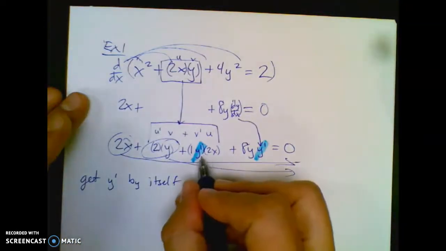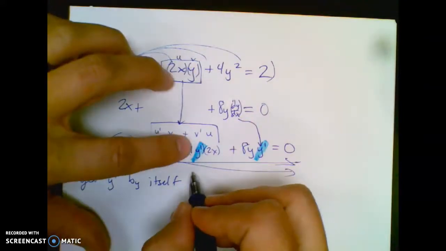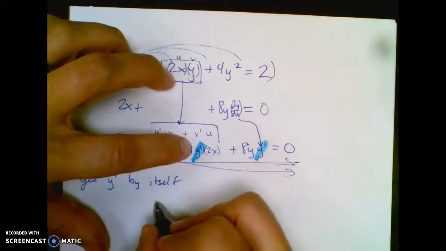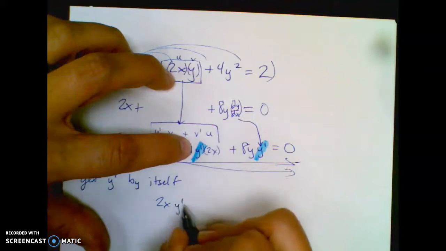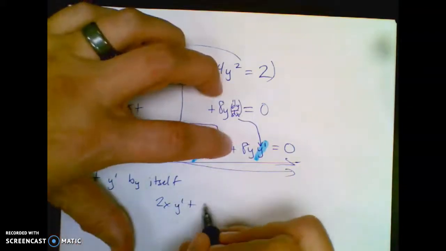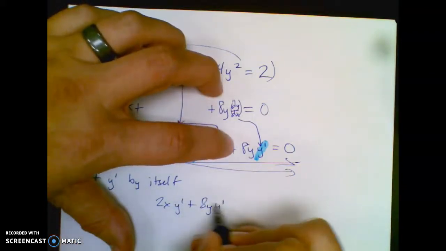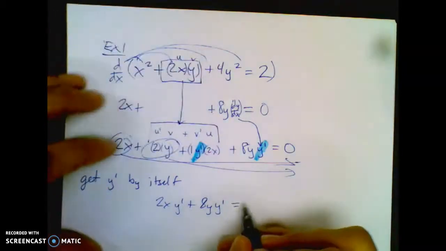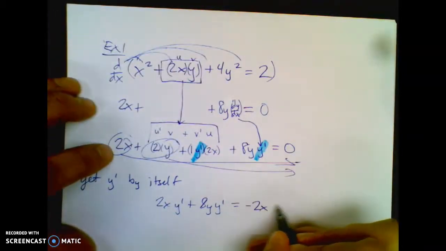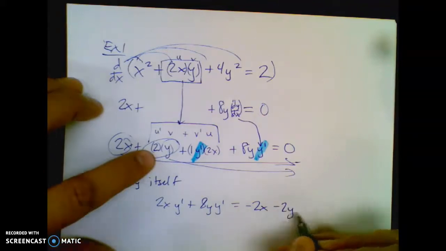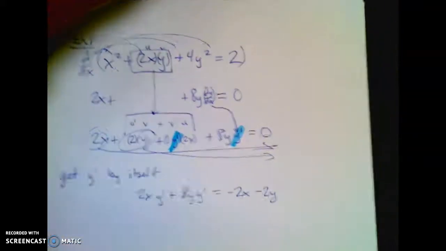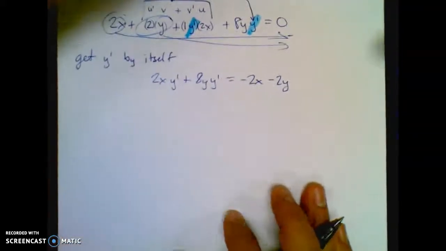So I'm going to write this in a different order. I'm not going to write 1 y prime times 2x. I'm going to write 2x y prime plus 8y y prime. And then the other side will be negative 2x and minus 2y, because I just subtracted them over to the other side. Okay, that's cool.